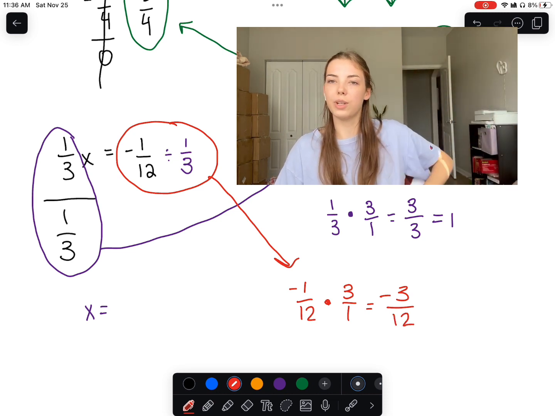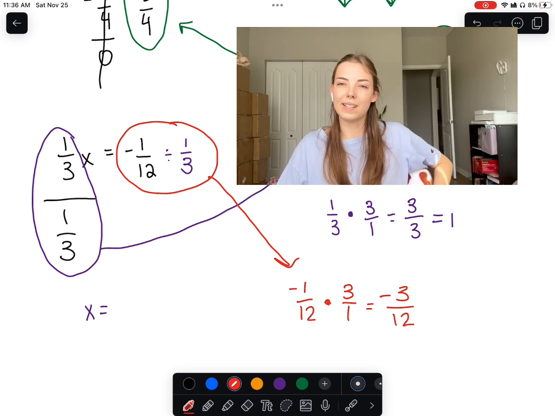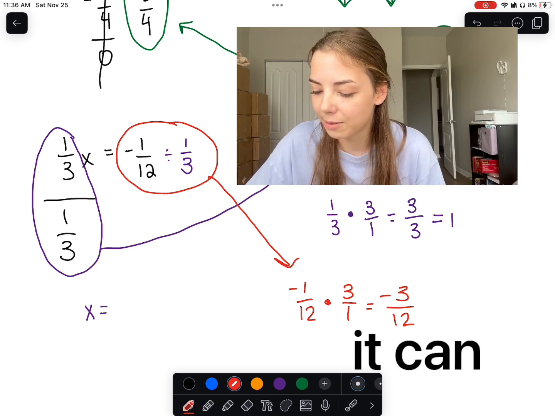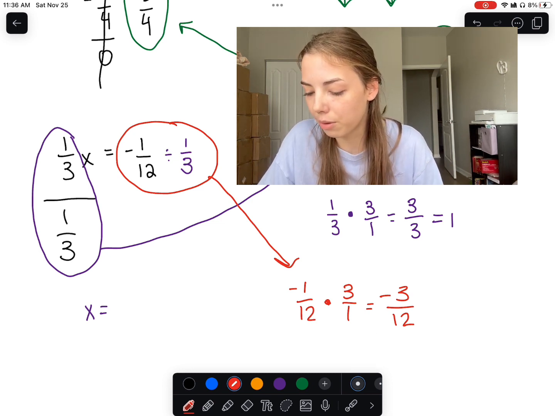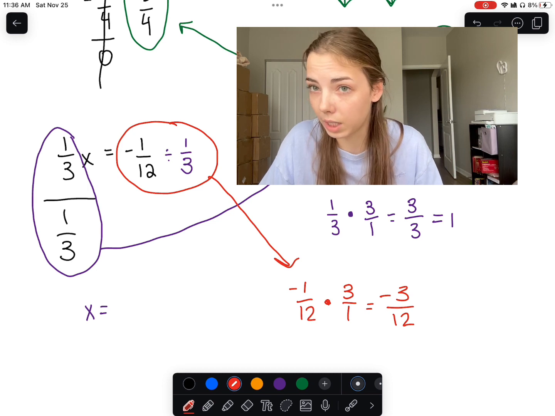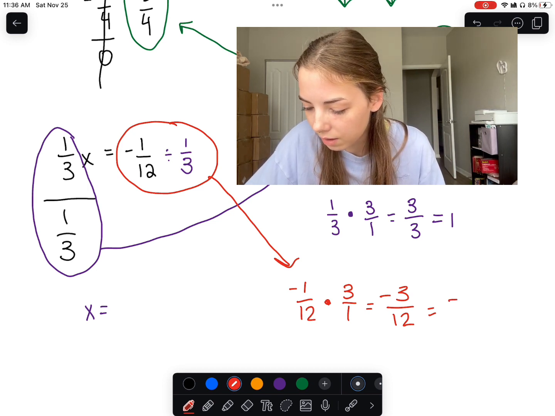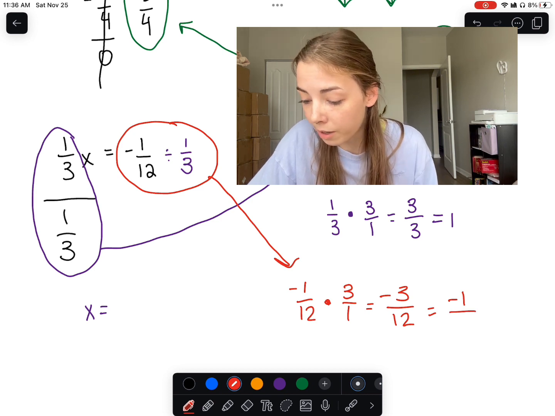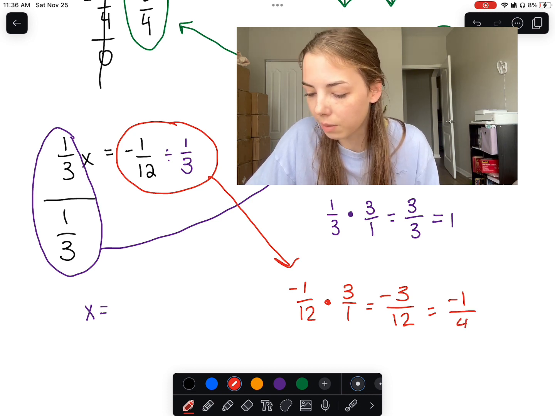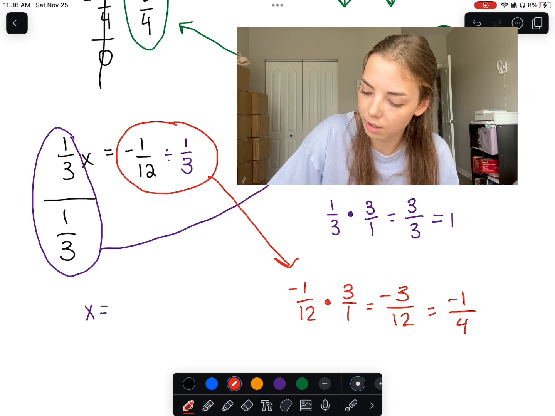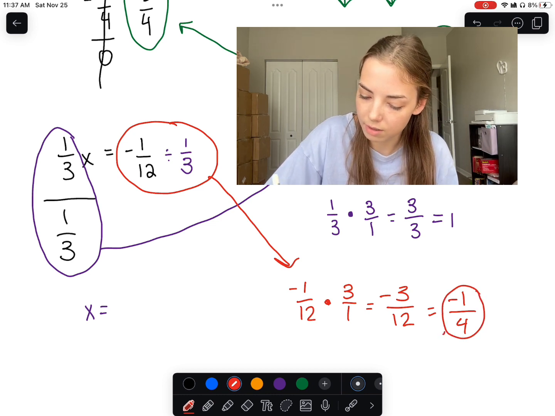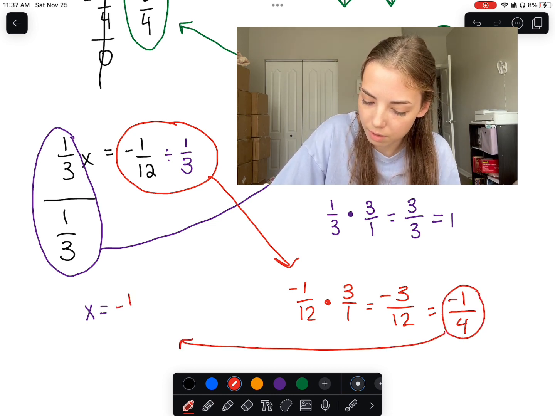So we have negative 3 over 12, but I'm pretty sure that can simplify. We have to think what number goes into both 3 and 12. 3. How many times does 3 go into 3? Just once. How many times does 3 go into 12? 4. So we have negative 1/4 is our answer. Negative 1/4.